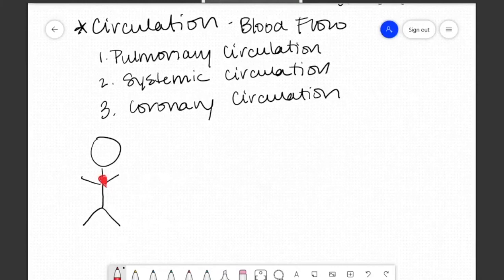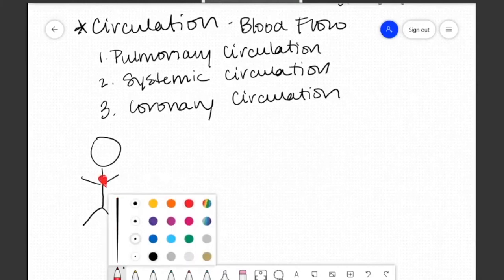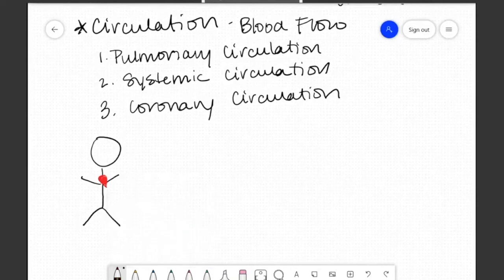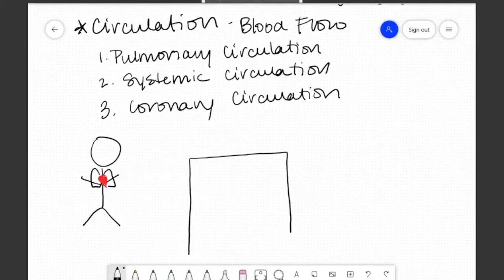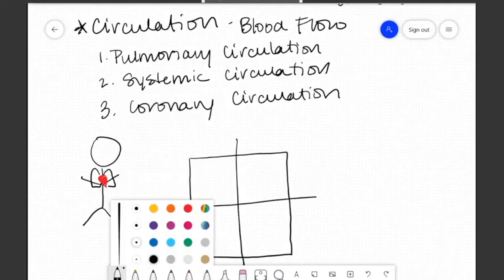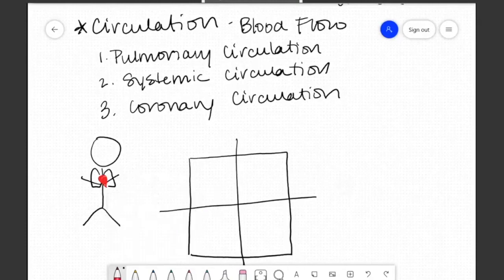It is the force that is moving the cargo. Then you're going to have your lungs seated about right here. Remember that. So if we take our heart and we blow it up, again, remember the flow of our blood is it comes in, it goes down, it goes out.